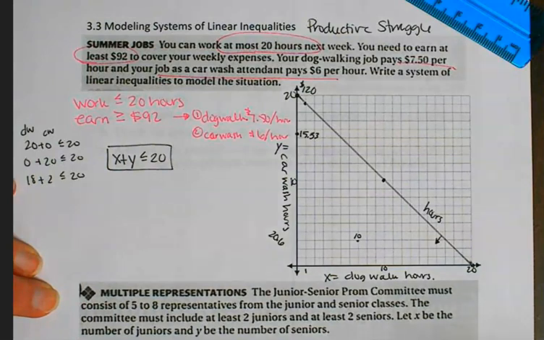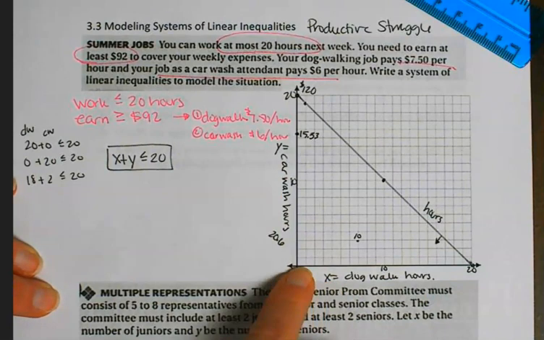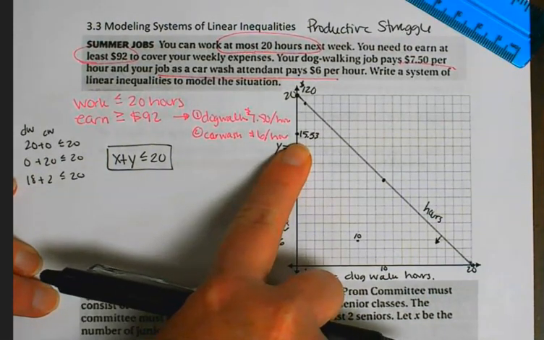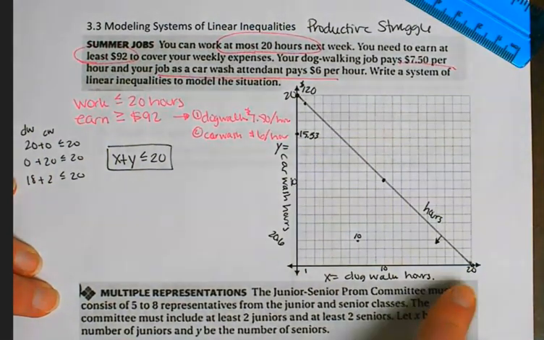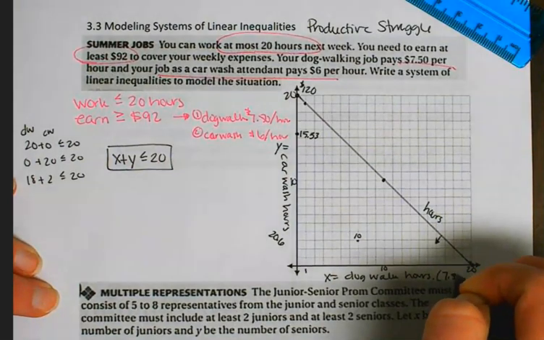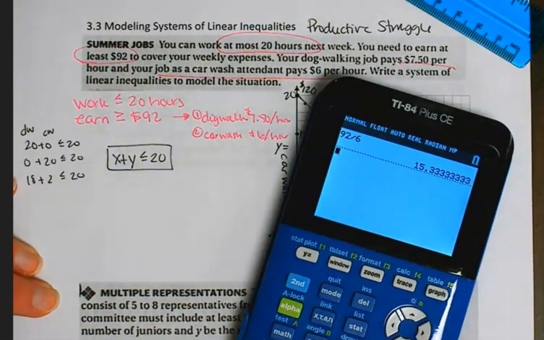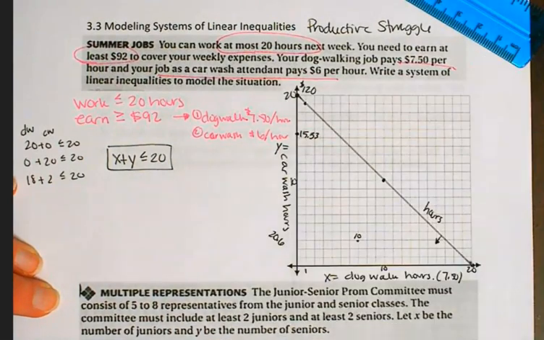Okay, so I'm starting to see how hours and hours make sense on my chart. It's not dollars I'm looking for. It's how many hours times 6 makes $92. And how many hours times 7.50 makes $92. So now I'm going to do the same thing. 92 divided by 7.5. That gives me 12.2.